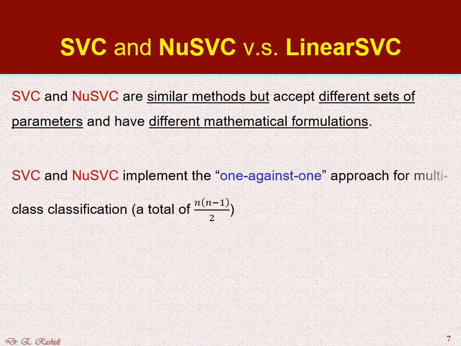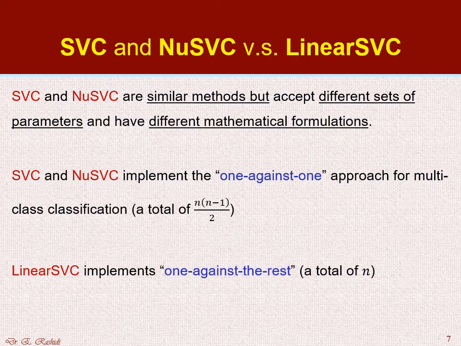Both SVC and nu SVC implement the one against one approach for multi-class classification, which, if we have n classes, would be a total of a combination of 2 out of n, which is equal to n multiplied by n minus 1 divided by 2. On the other hand, linear SVC implements a one against the rest approach, which is a total of n if we have n classes.